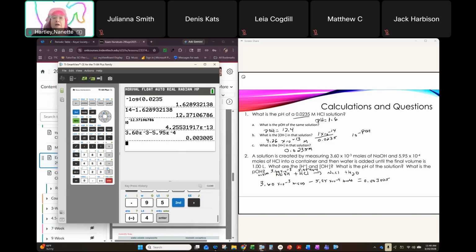And so that's the number of moles of OH minus I still have. Now, divide that by the volume, because when I do calculations for pH and pOH, they have to be in molarity. They cannot be moles. They have to be molarity. Now, in this case, that's no different because it's a 1 liter solution.